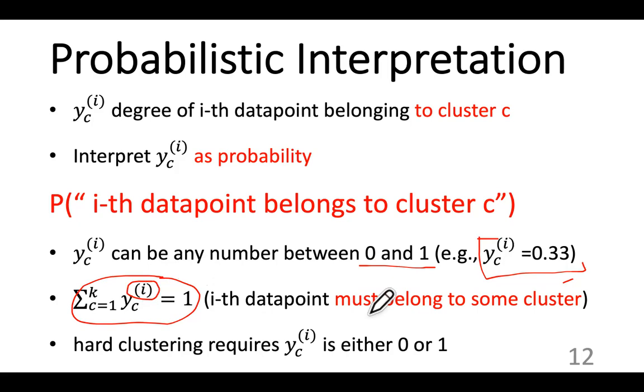So this is something like a law of total probability. We can interpret this requirement as a law of total probability. So enforcing this summation constraint allows us to interpret these numbers as probabilities. In particular, we interpret y_ci as the probability that the ith data point belongs to cluster c.